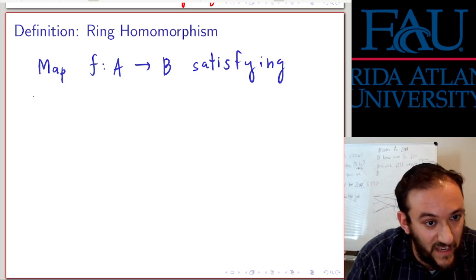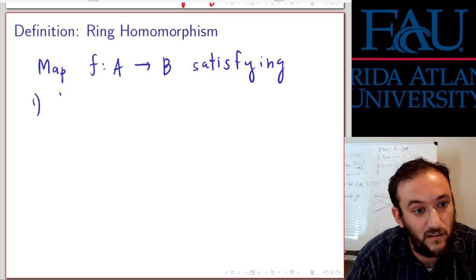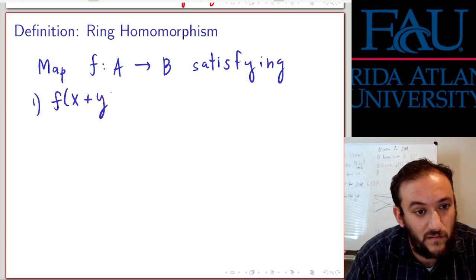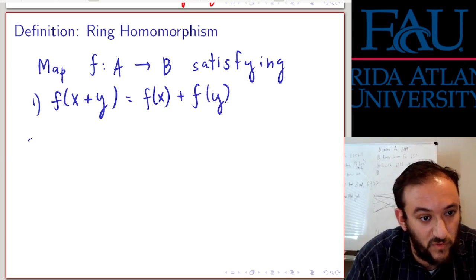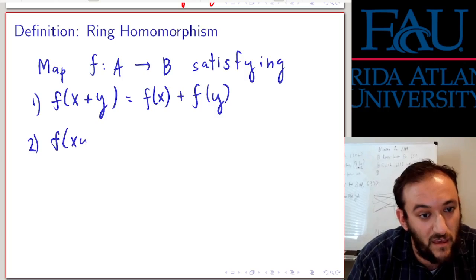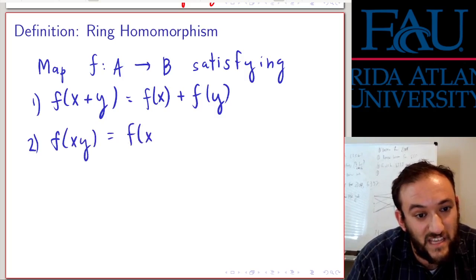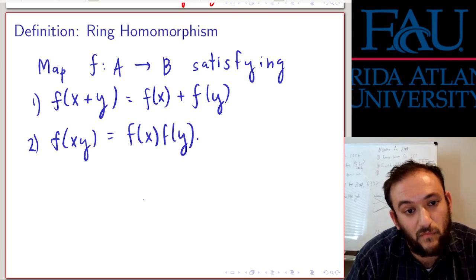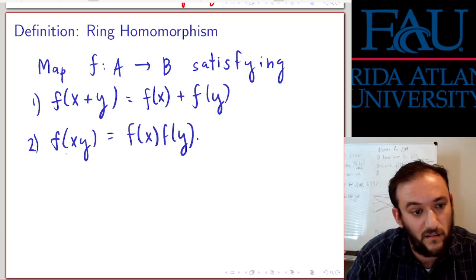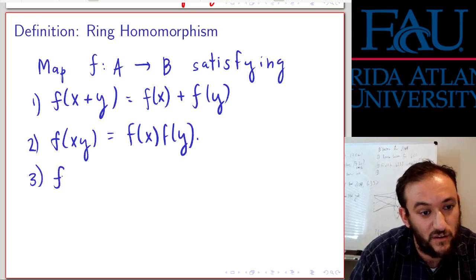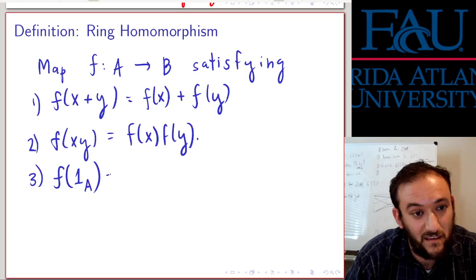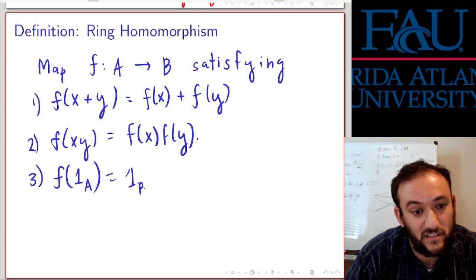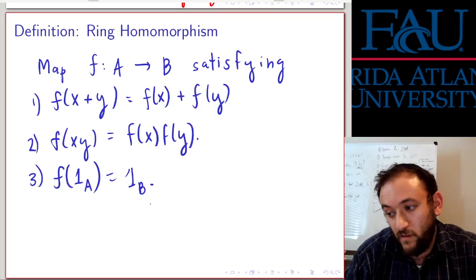So we want to make sure it satisfies, first of all, that it makes sense with addition: f of x plus y is equal to f of x plus f of y. It also commutes with multiplication: f of xy equals f of x times f of y. And it respects the identity: f of the identity element in A is going to be the identity element of B.